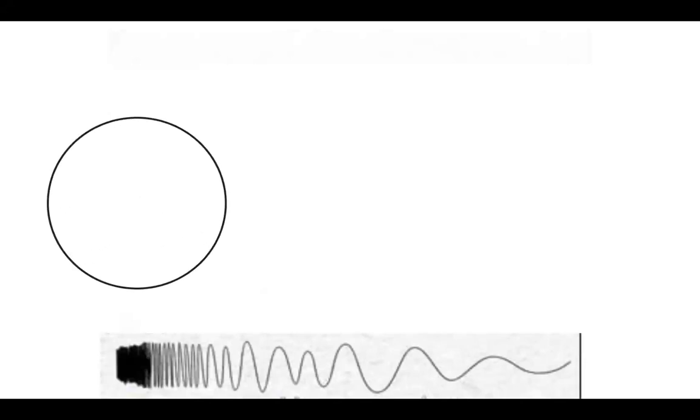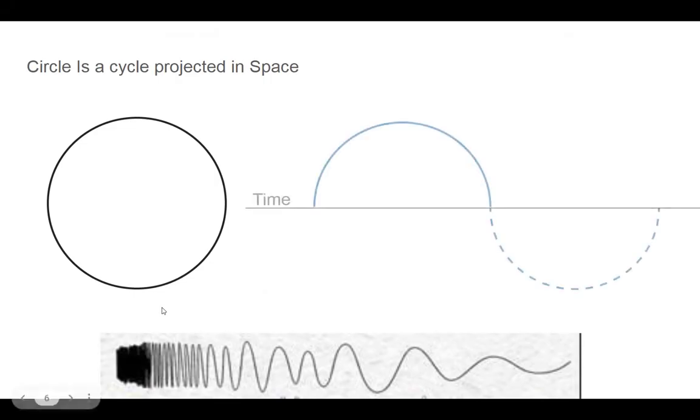All right, so here we're going back to the basic symbol of a circle, right? We now know it as a cycle. It can be represented as a cycle, going around in a circle, one cycle. A circle is a cycle projected in space. What do I mean by that? Here is a cycle.